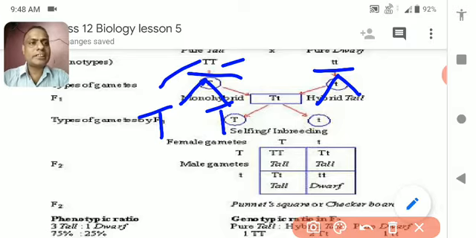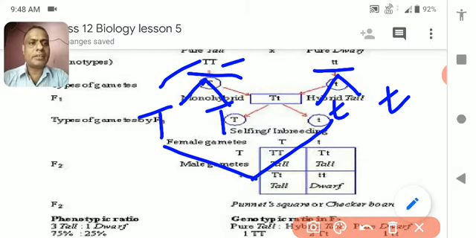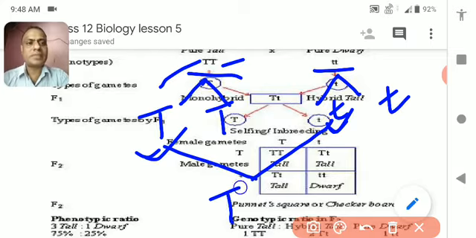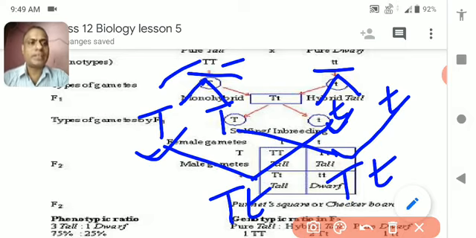Similarly, this small t comes on another gamete, and this small t comes on another gamete. When two gametes combine, it forms the zygote. So when this capital T combined with this small t, it forms capital T small t. And similarly, when this capital T combined with this small t, it forms also capital T small t. So it is the first generation or F1 generation or filial 1 generation.